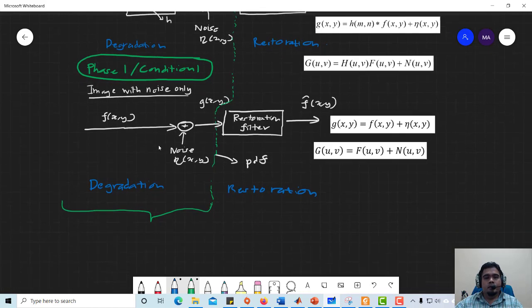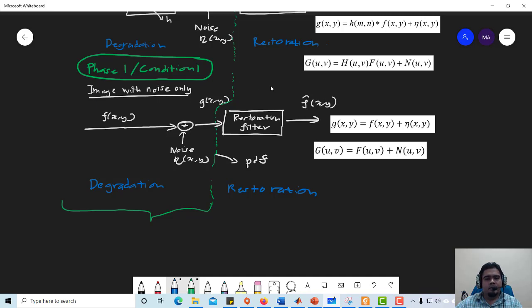Okay, so once we have identified the type of noise, or noise model, that affected our image G, the next process is to identify what type of filter you can use as a restoration filter to enhance your image G, which is affected with noise, and produce this image F hat.